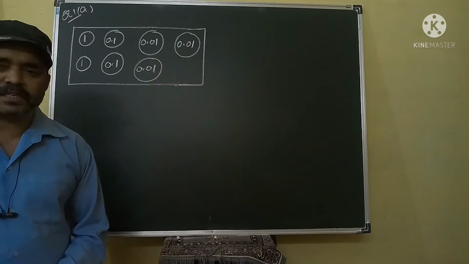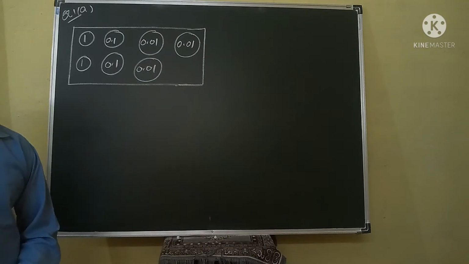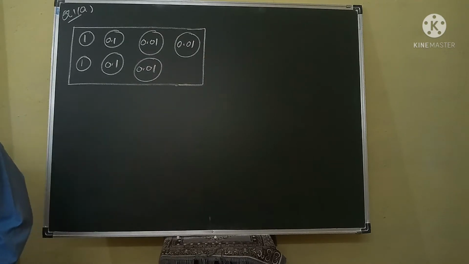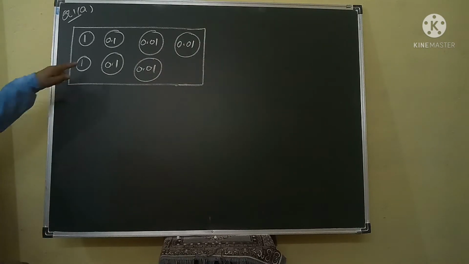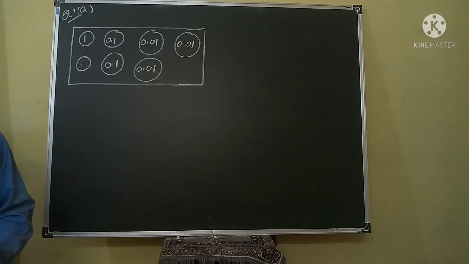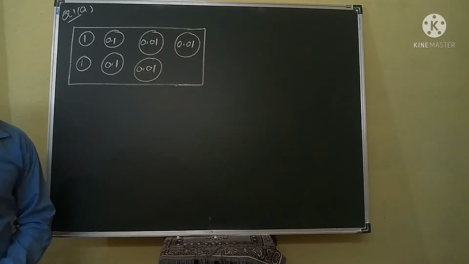My dear student, we will discuss some problems from your book, page number 75. This is question number 1A. In this question, what will we do? What decimal is represented by the number disk?